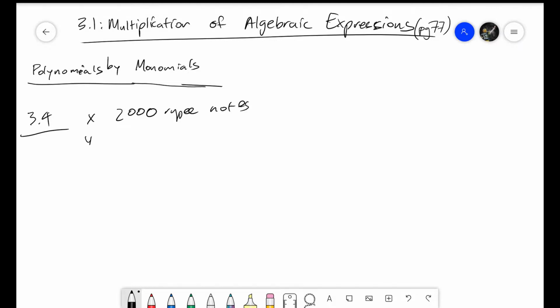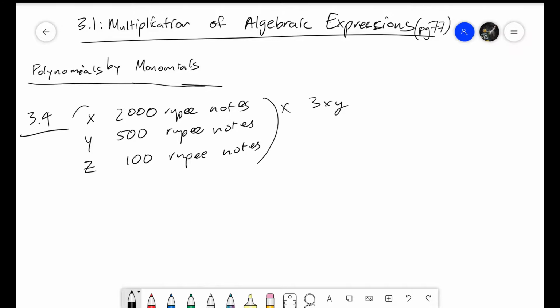It has y 500 rupee notes, and it has z 100 rupee notes. Another bank has 3xy times the money the first bank has. So the question is, how much money does the second bank have?